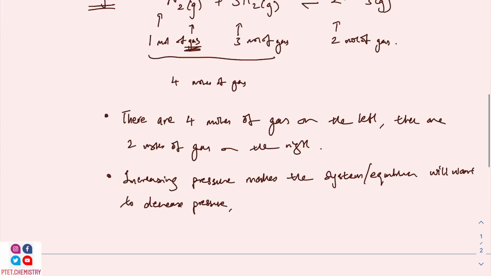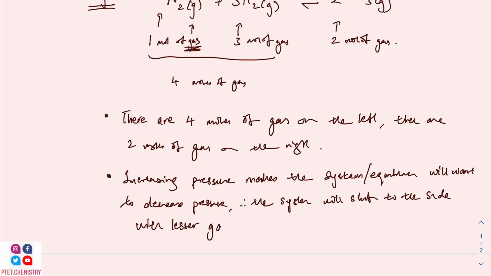So in order to decrease pressure, the equilibrium will shift to the side with fewer gaseous molecules. And we already stated in the previous point very clearly how many moles of gas on the left, how many moles of gas on the right.